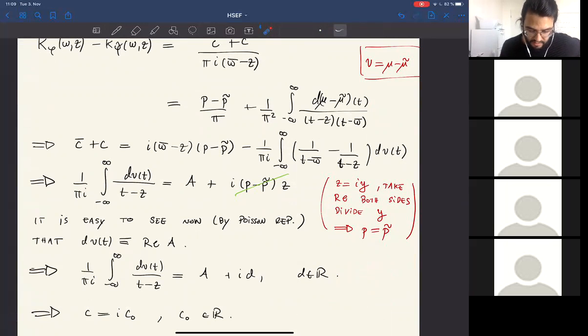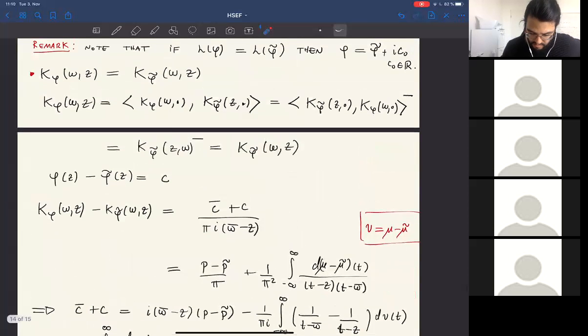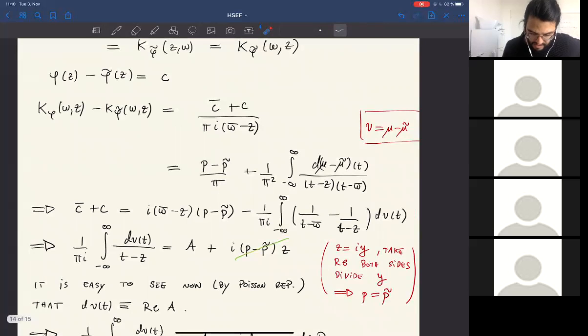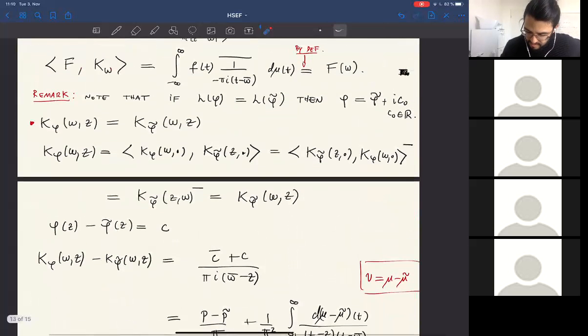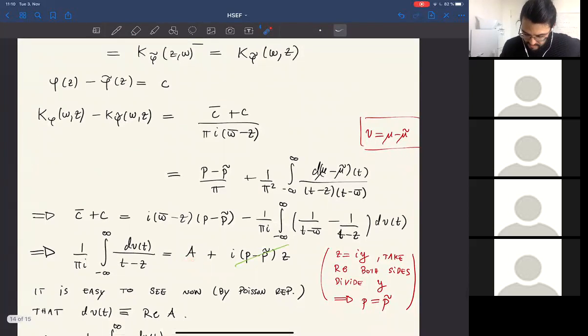Oh no, I just concluded that this A has to be, if you take the real part here on both sides, now this guy is 0, the real part. We just computed that this A has to be this guy here, sorry, my mistake, because this A is this measure here. Therefore, that A will cancel.